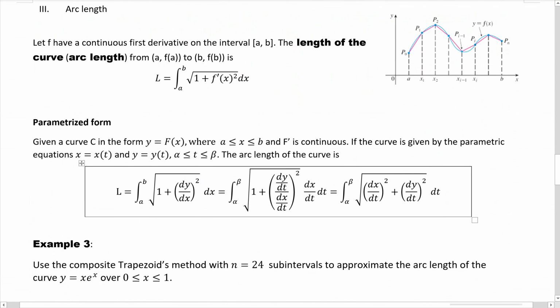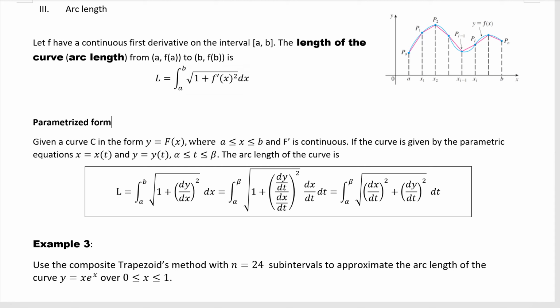Okay, let's continue. Arc length. Let f have a continuous first derivative on the interval from a to b. Then the length of the curve, well, we just showed the surface area, right?